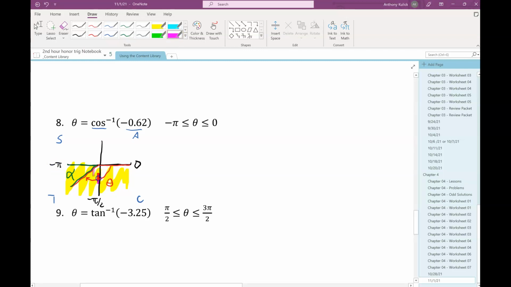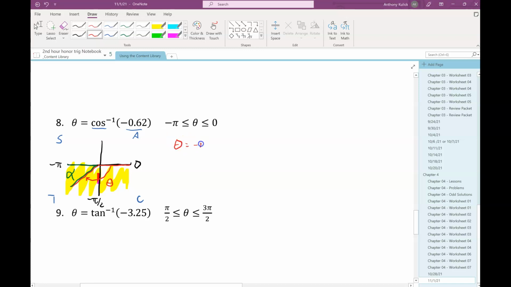Now, since theta is negative, and the last axis I passed was a vertical, I know I'm going to be adding alphas, excuse me.